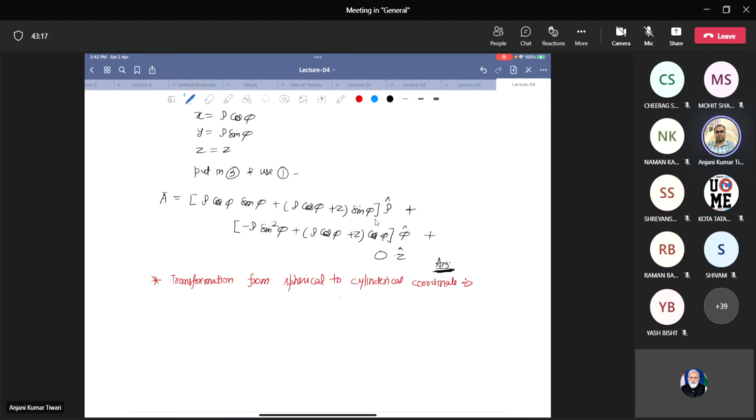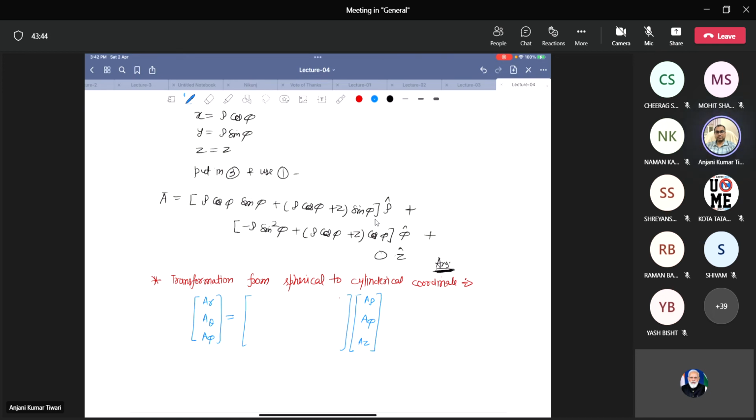So let's say A r, A theta, A phi. These are the components along the r, theta and phi direction. There will be a matrix and the cylindrical coordinate components, which are A rho, A phi, and Az.